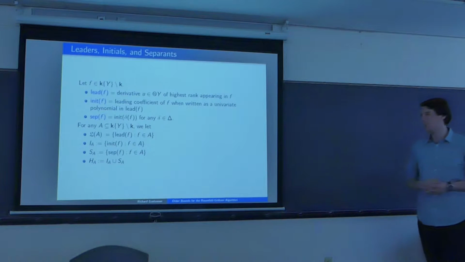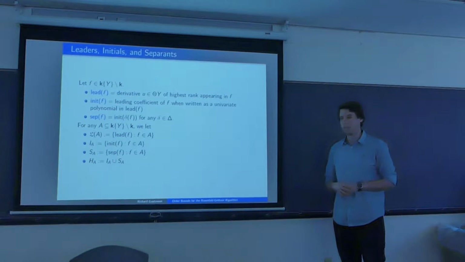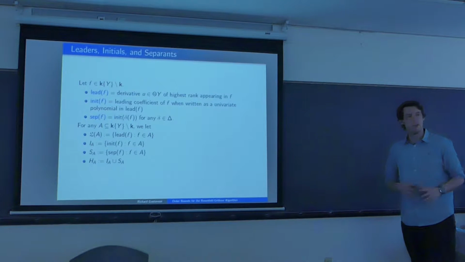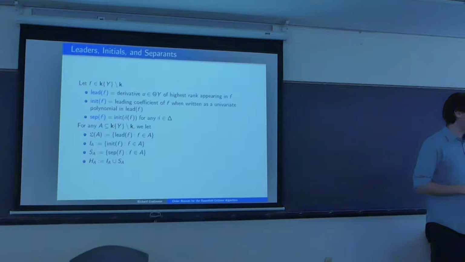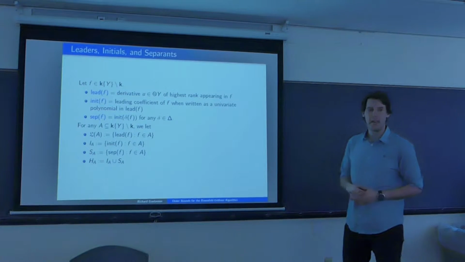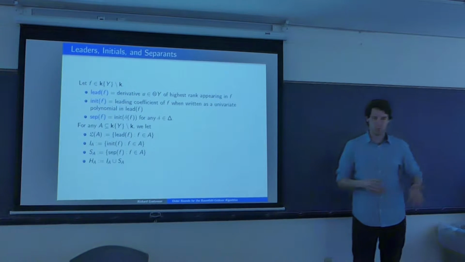Just some terminology going forward, because I find that different people use different notation for some of this. If f is a non-constant polynomial, the leader of f is the derivative appearing in f of highest rank with respect to the fixed orderly ranking.